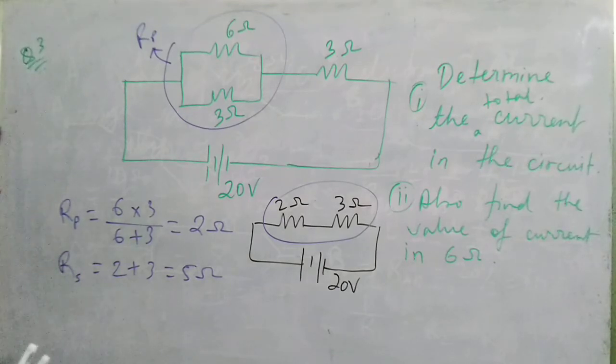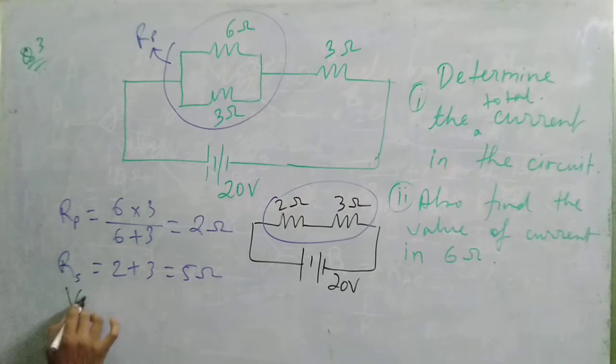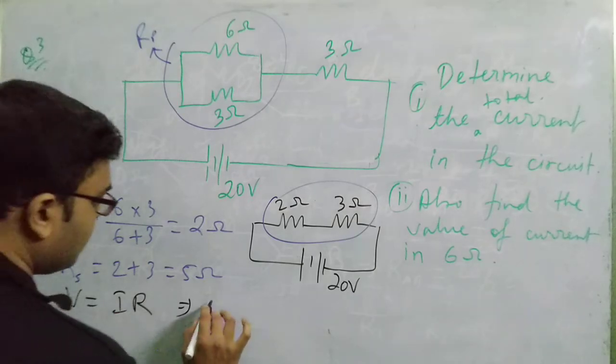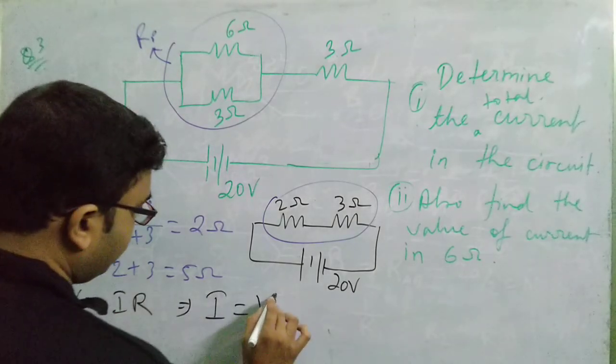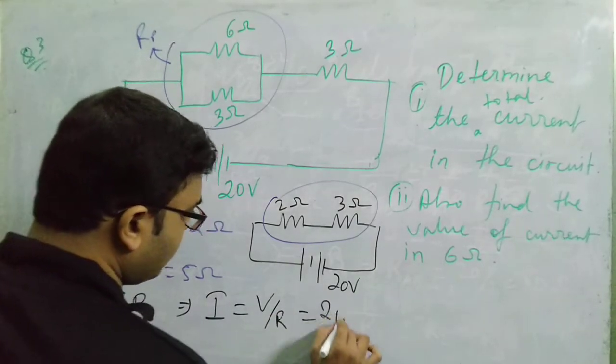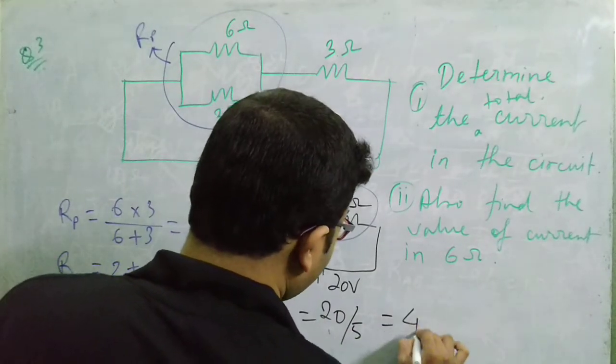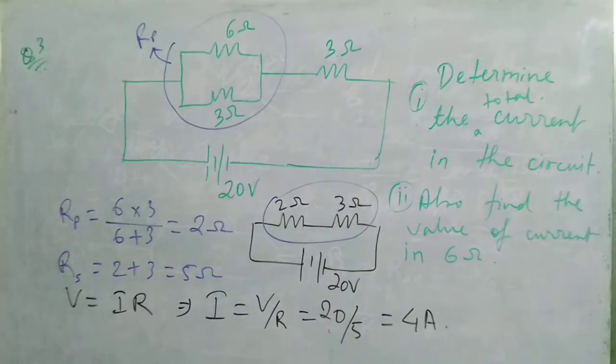V equals IR. Then the total current I will be equal to V by R. V is 20 volt, R is 5 ohm, and that gives us 4 ampere. I think this much is clear. So the total current turns out to be 4 ampere.